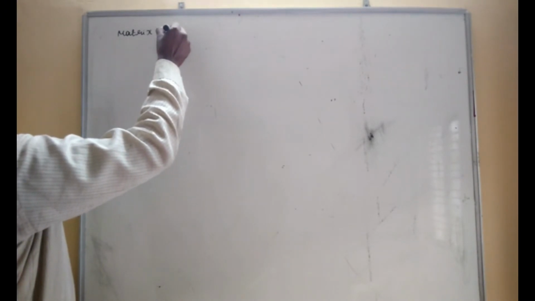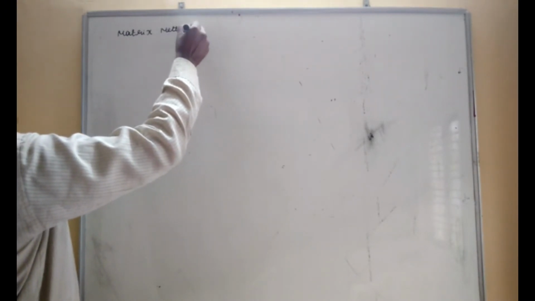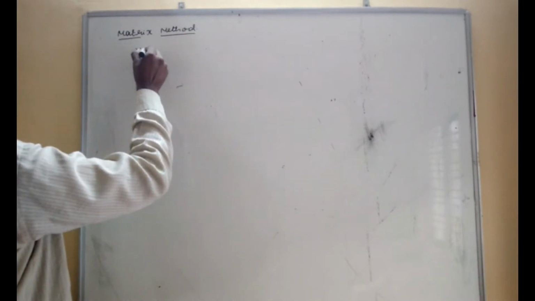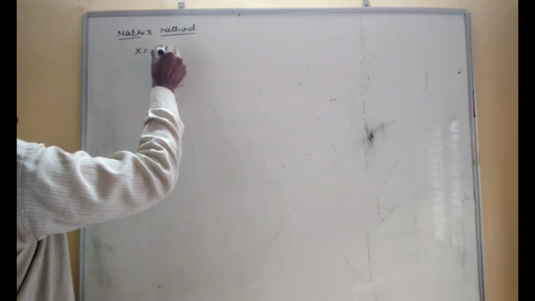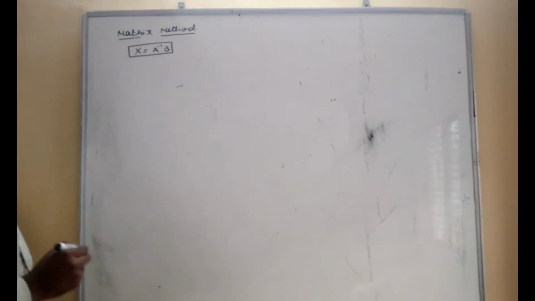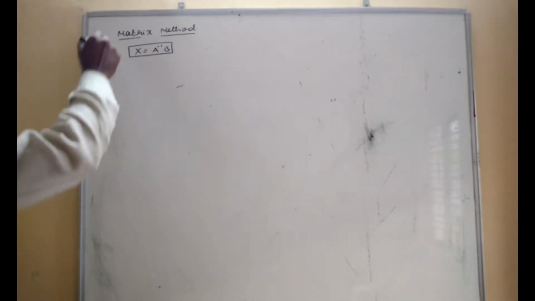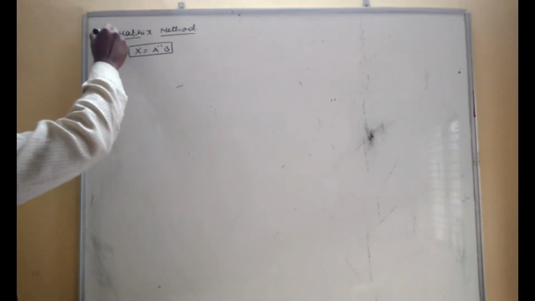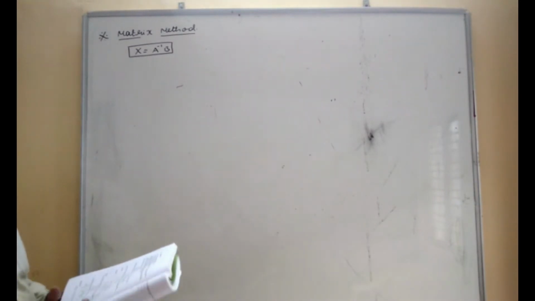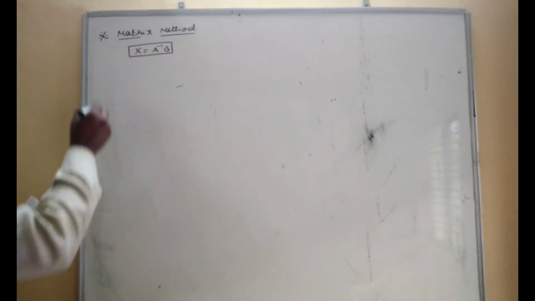To solve the given linear equations by matrix method, there is a formula: x is equal to A inverse into B. So this is the formula used to find the matrix method. Very important question on matrix method for your examination. So there is a 5-mark question compulsory. Okay, let us take solve the equations.